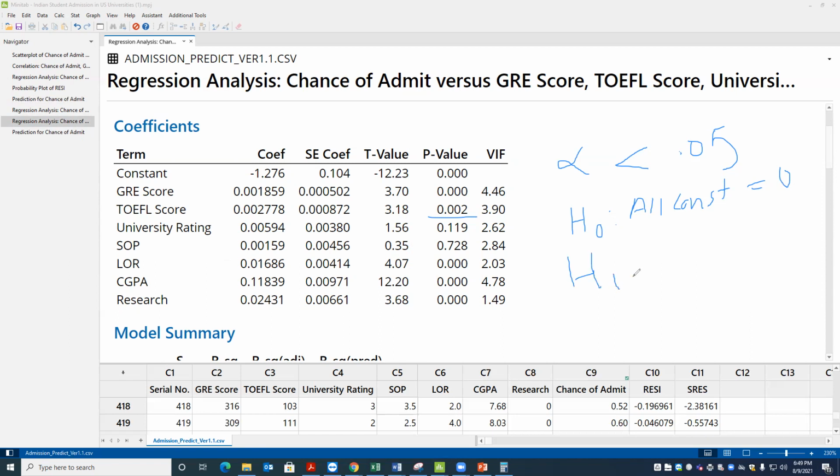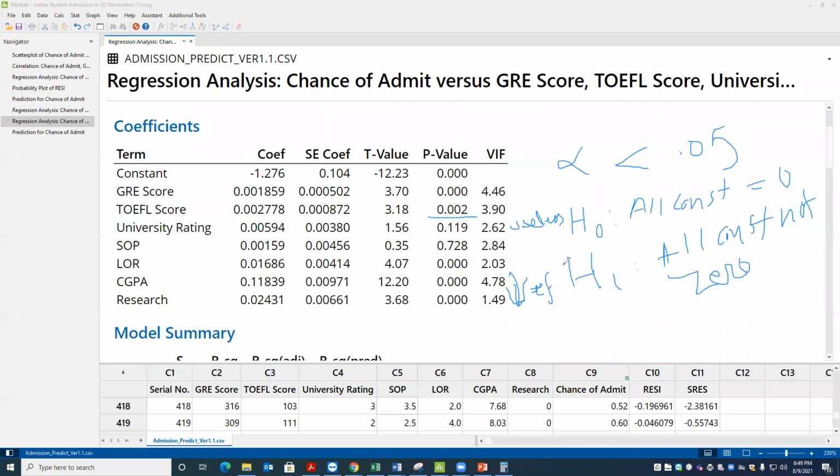H1 is that all the coefficients are not 0. Or again, I can say H0 is useless and H1 is useful. Sorry, please bear with me.